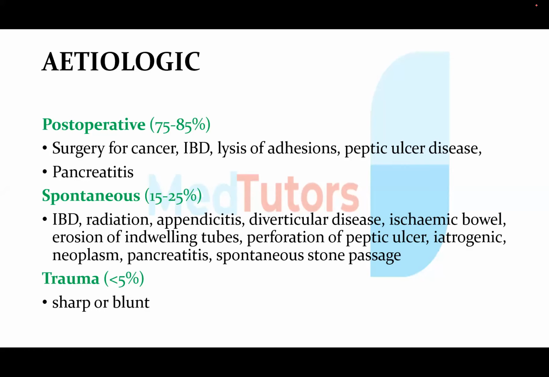Now, appendicitis, diverticular disease, ischemic bowel, erosion of an indwelling tube, perforation, neoplasm, iatrogenic, and several others. Then less than 5% result from trauma, which could either be blunt or sharp injury, penetrating abdominal injuries.